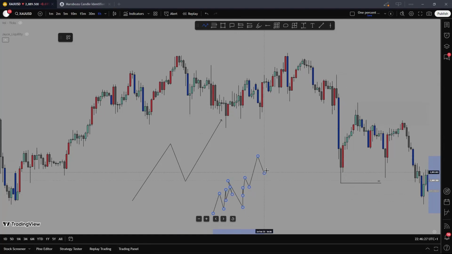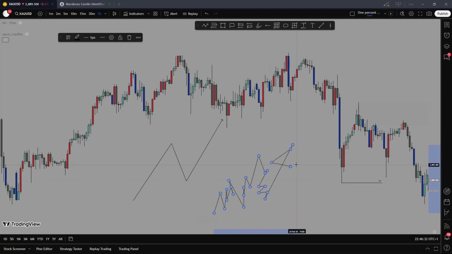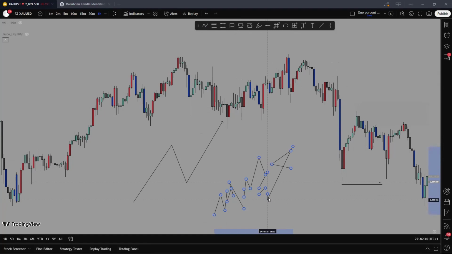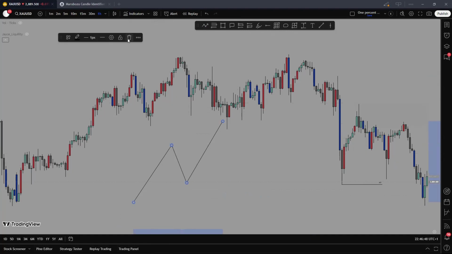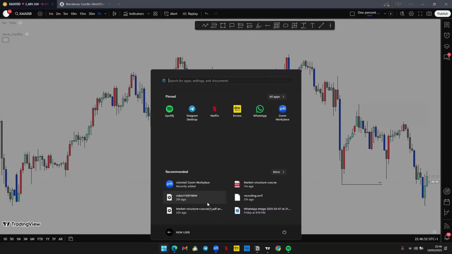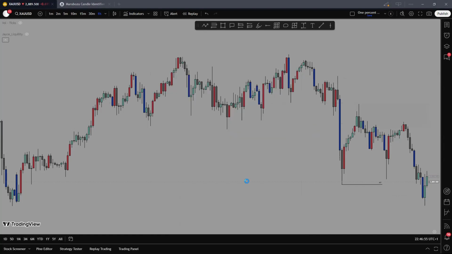Then if price should range down again and move up again, there's a low chance that this level would hold, because buyers were not clearly in charge of the market. There's indecision in the market. So you want to be looking out for clean waves like this, not waves that have ranges on them. Let's go back over to our material so I can explain things more clearly.